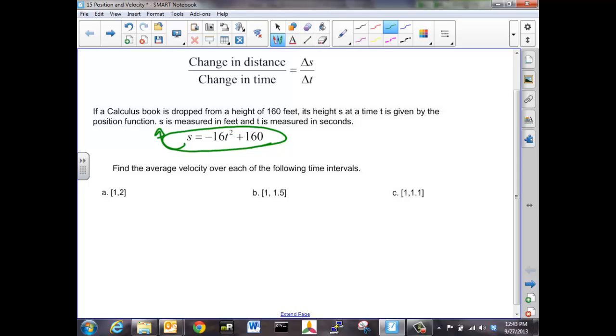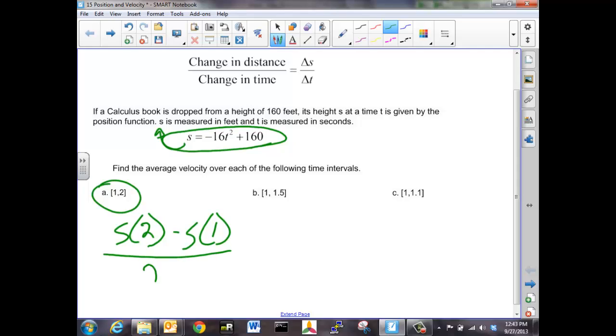I want you to find the average velocity from 1 to 2, meaning 1 second and 2 seconds. So we want to find the position at 2 seconds minus the position at 1 second, divided by 2 minus 1.